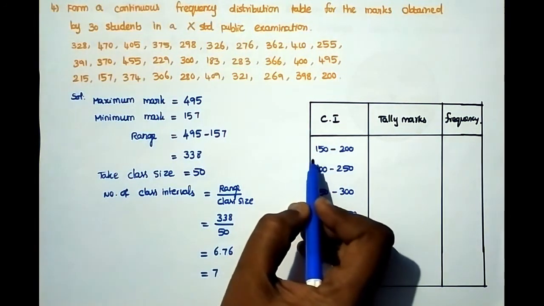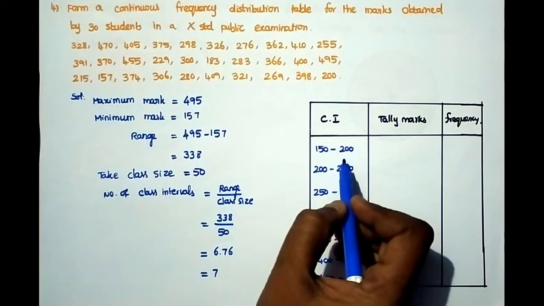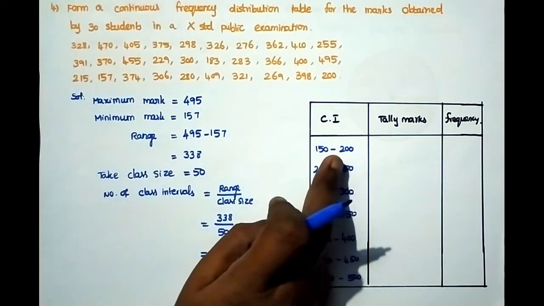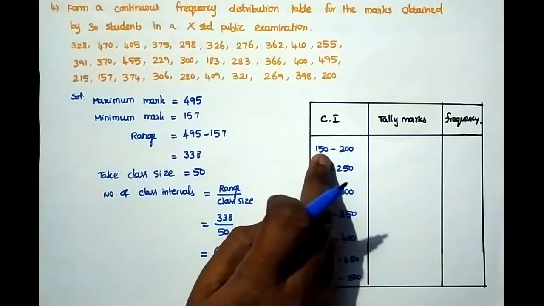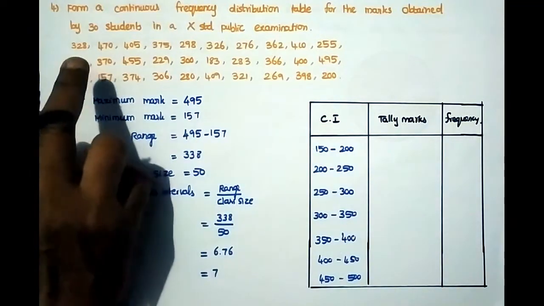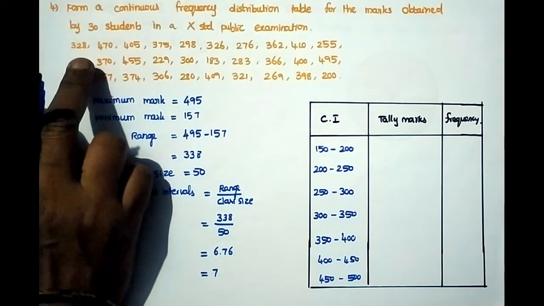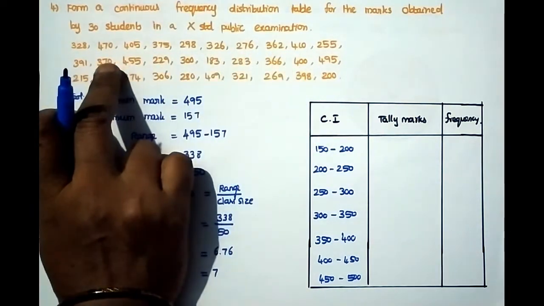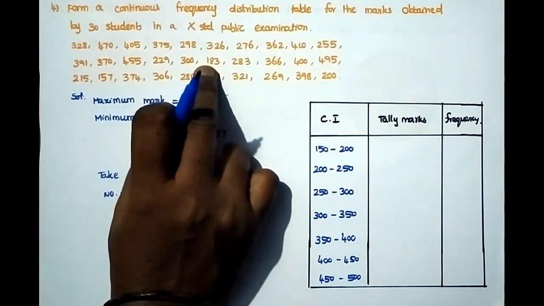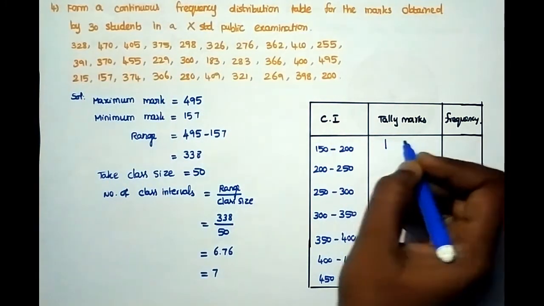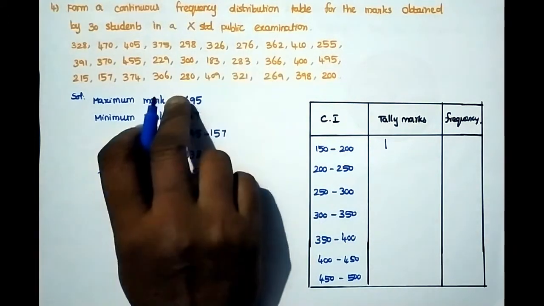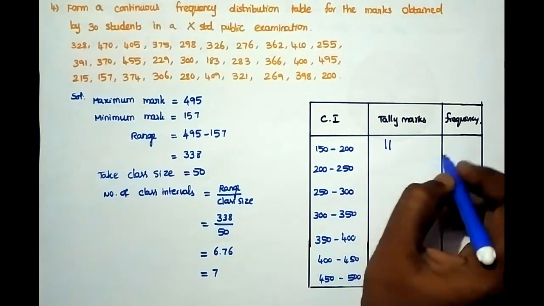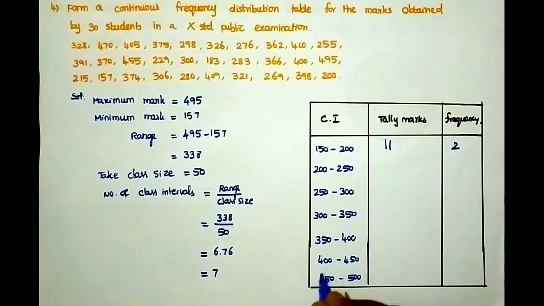Now first 150 to 199 we have to see here, because 200 is in the next step. So 150 to 199, how many students are there? 1 and then 2, so the frequency is 2.